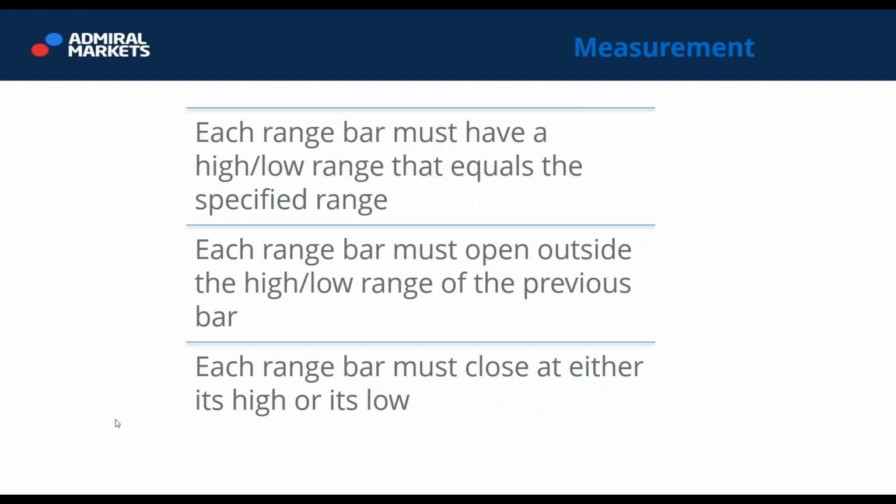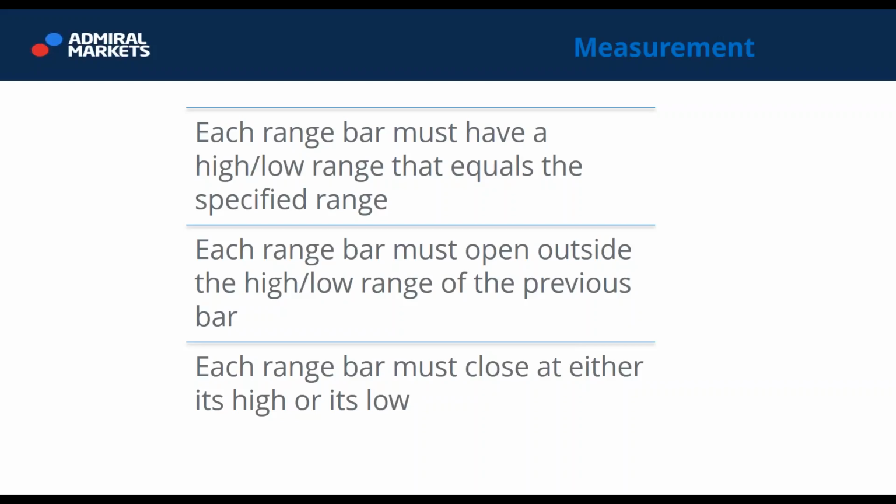Each range bar must have a high-low range that equals the specified range. That is the primary rule for a range bar to be printed out. Each range bar must open outside the high-low range of the previous bar, and each range bar must close at either its high or its low.